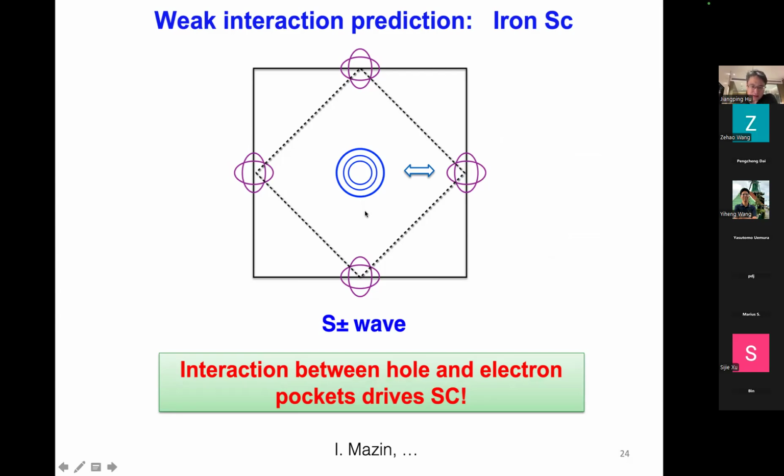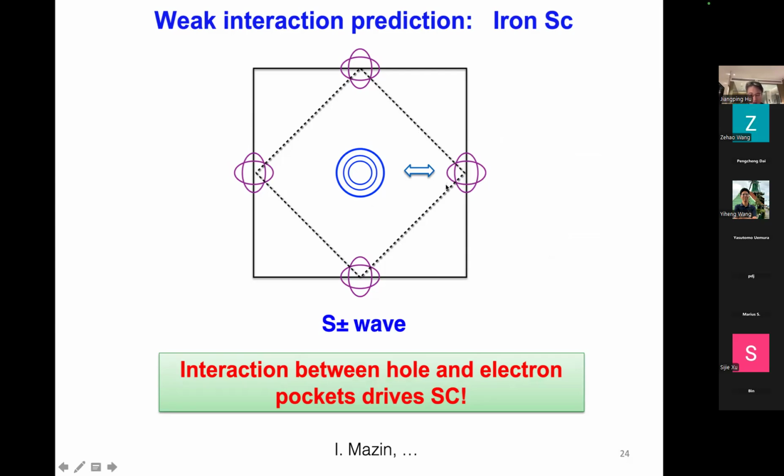In that case, you can also immediately argue that the repulsive interaction will favor the hole pocket and electron pocket having different signs. Okay, so one gets a plus, one gets a minus. That will immediately result in the S plus minus state.